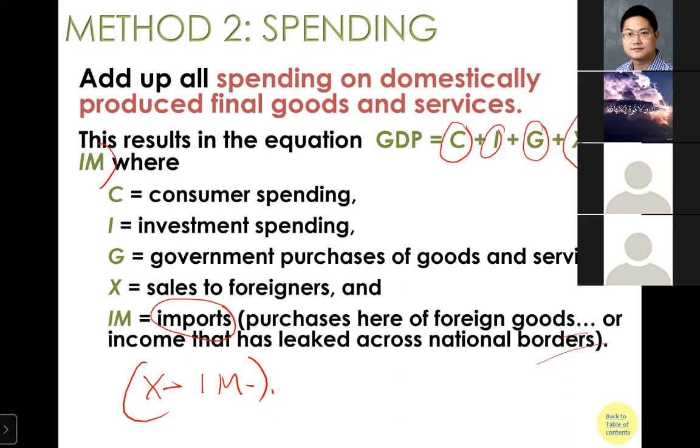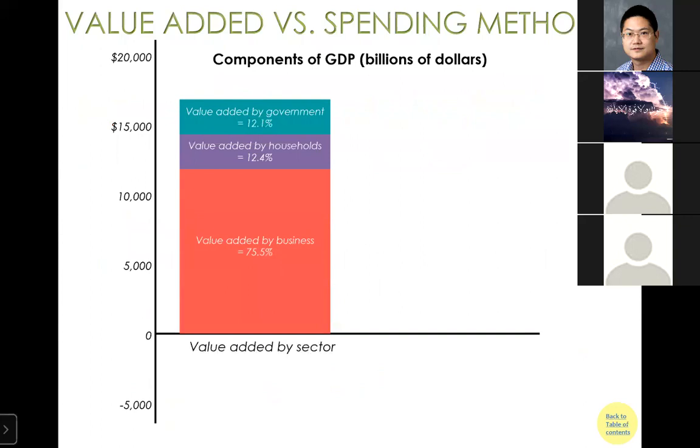So we subtract IM from X, and that gives you the net goods and services purchased by foreigners. Added with C, I, and G, those four things all together will give us the total spending, or the total goods and services we produce. That's the second approach. But you can also look at the income approach. Income equals your total spending.